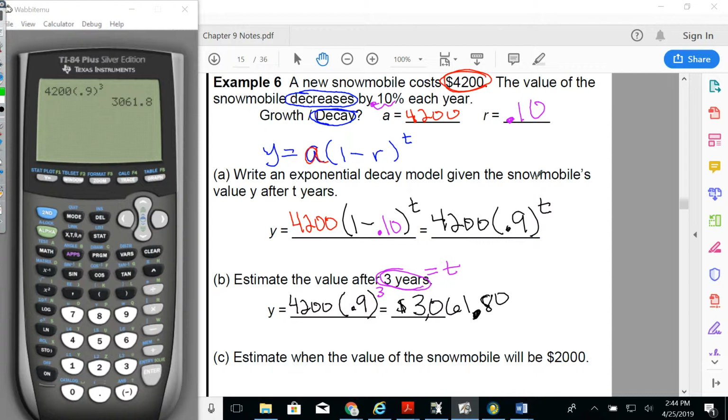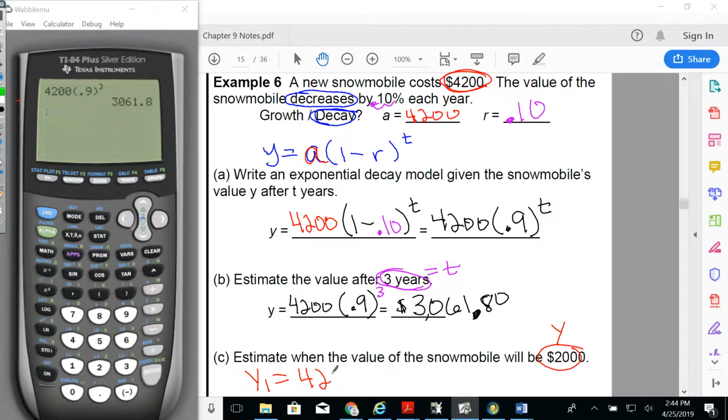All right, so for part C, estimate when the value will be $2,000. So the 2,000 is giving us the y, because it's money. When it gives us the y, that's when we want to plug it into the y equals. So in the calculator, we're going to do y1 equals this equation, not this one. Not with the number there, but with the x.